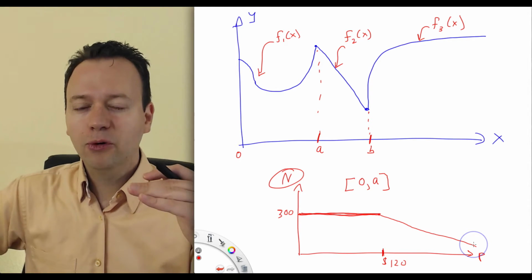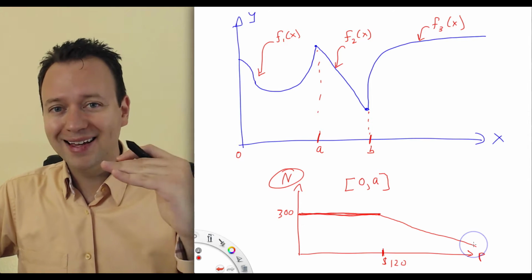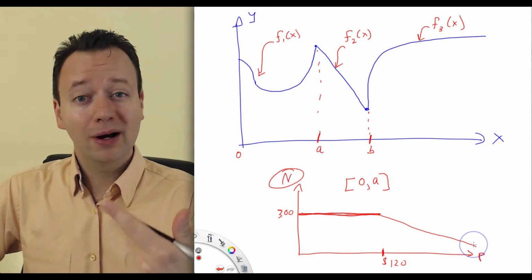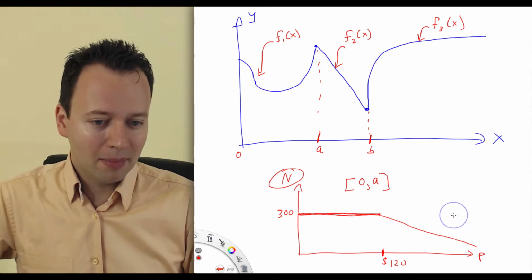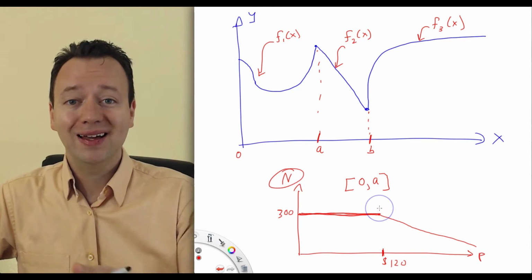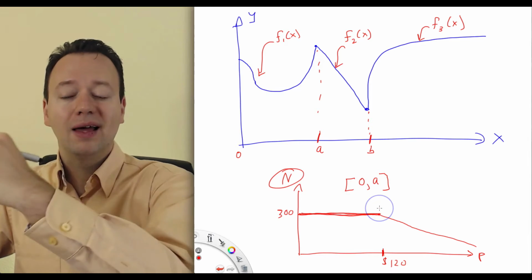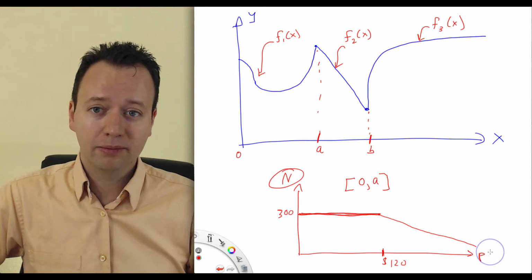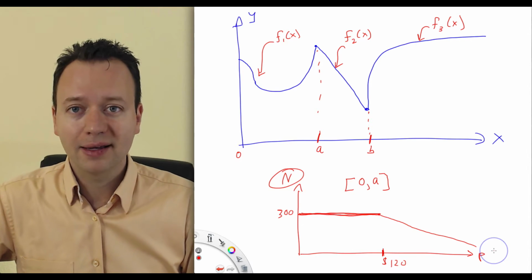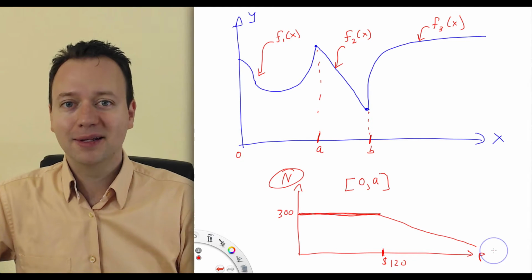But as the number of tickets being sold is declining, the ticket price is increasing, so the revenue at this point might be going up. So the revenue will be going up, and then of course it's going to have to come down again because eventually you have 0 people in the audience. 0 people buying tickets means 0 profit.